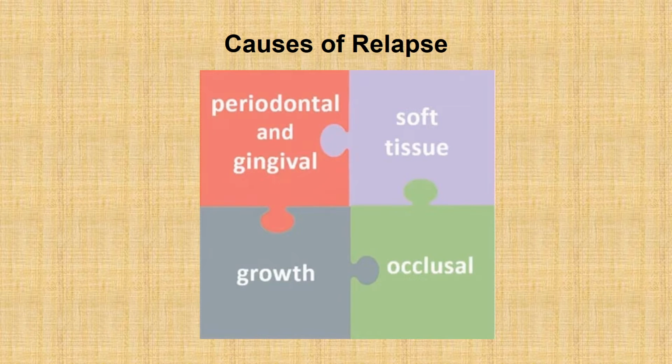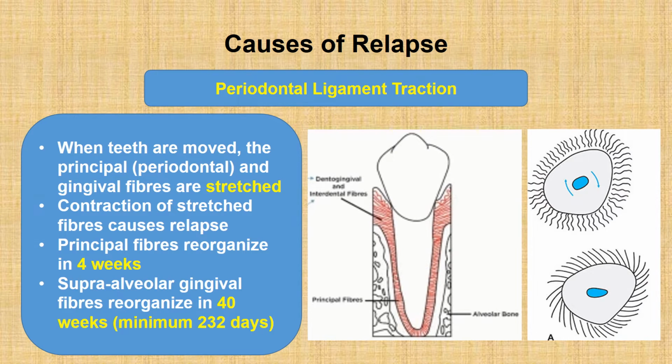Now, the causes of relapse can be divided into four big groups: the periodontal and gingival factors, soft tissue factors, occlusal factors, and finally growth factors. Let's have a look at the periodontal ligaments.